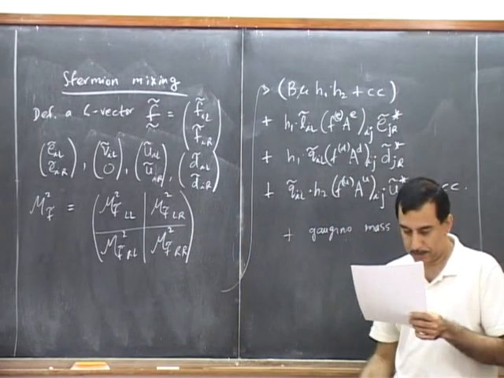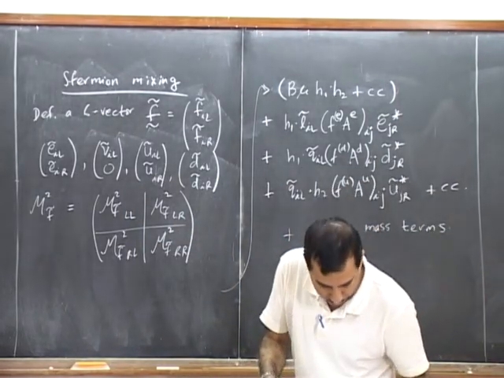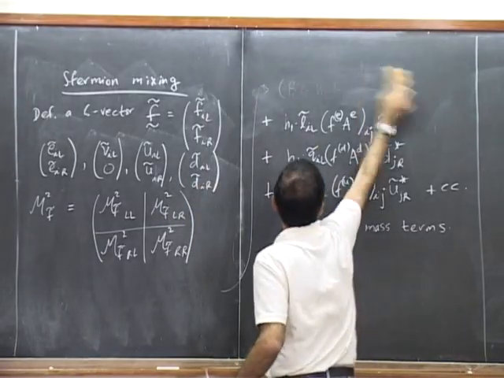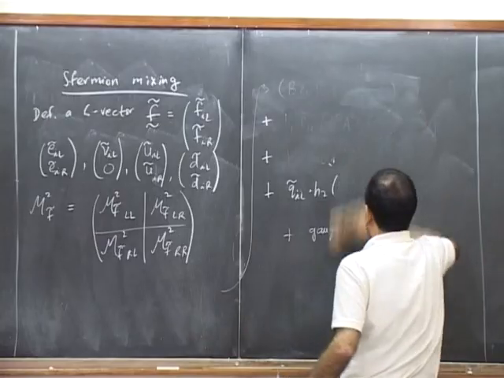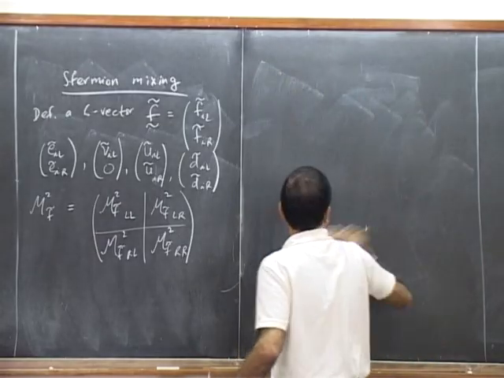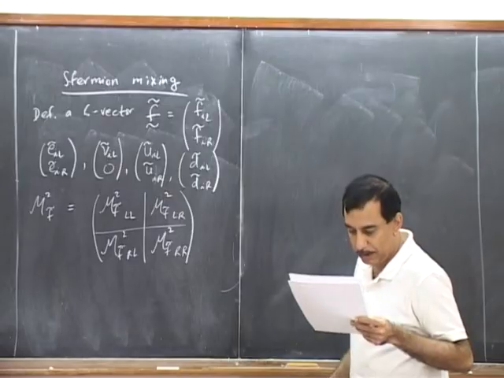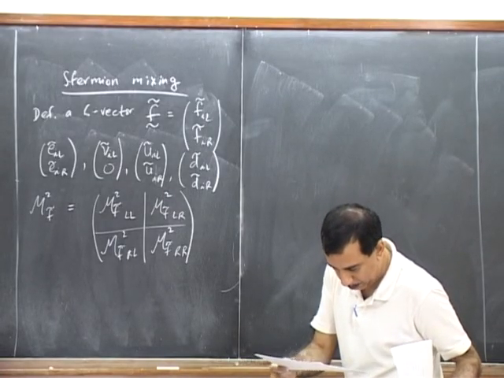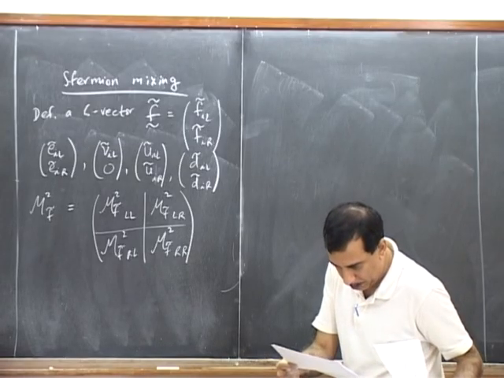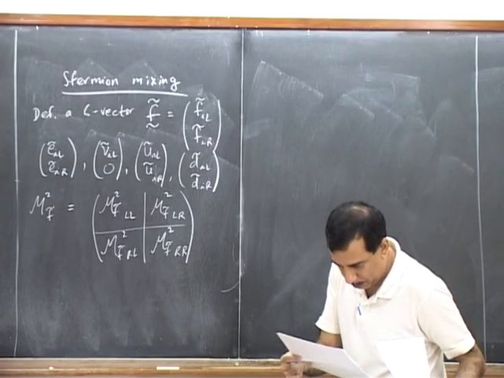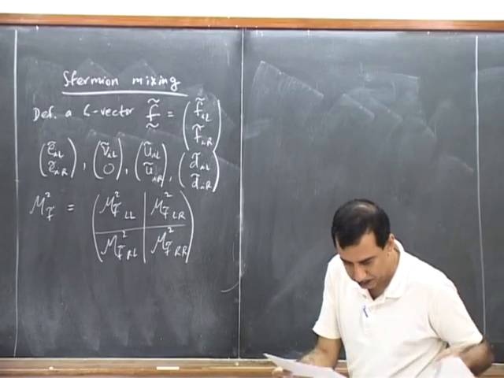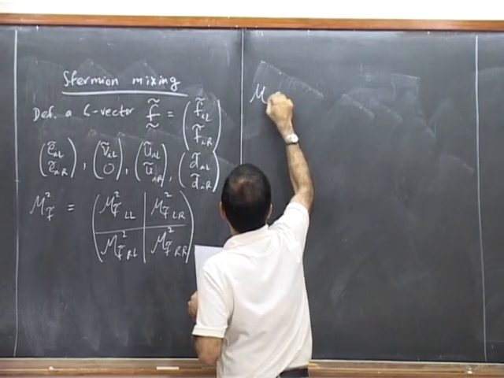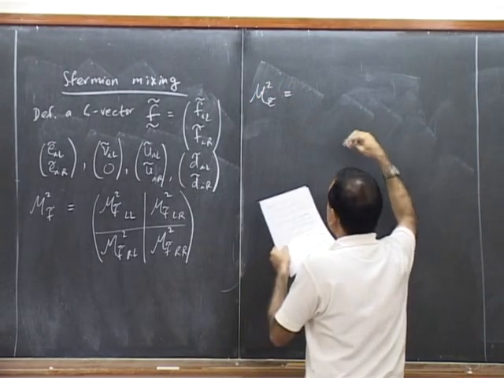So that's the matrix. We do need to write out this matrix so that we can study it a little bit more in detail. Now I'm a little unsure whether I want to write it for all the fields. Why don't I write it for the selectrons, and then we leave all the others to imagination.